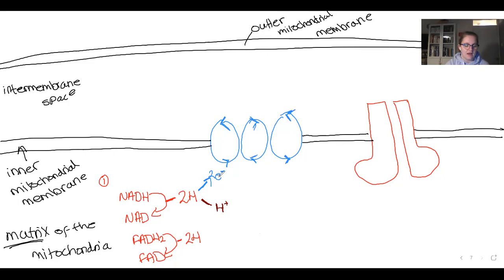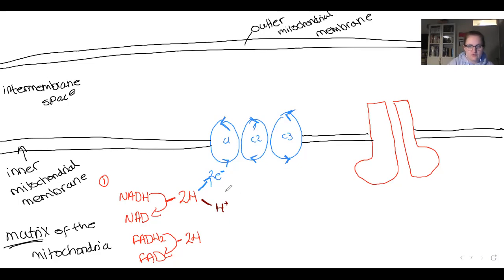Now those electrons move down the electron transport chain. These blue circles drawn here are carrier 1, carrier 2, and carrier 3. These are the electron carriers. The electrons move down the chain, losing energy at each carrier.